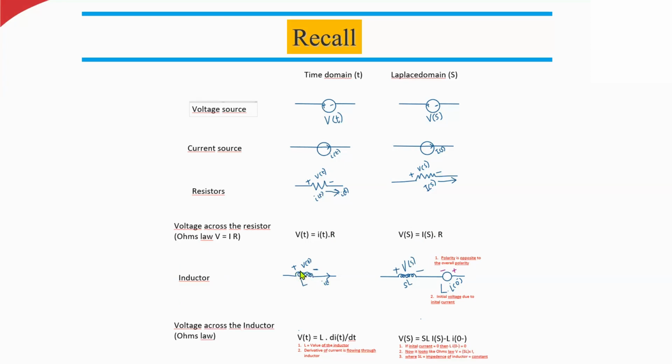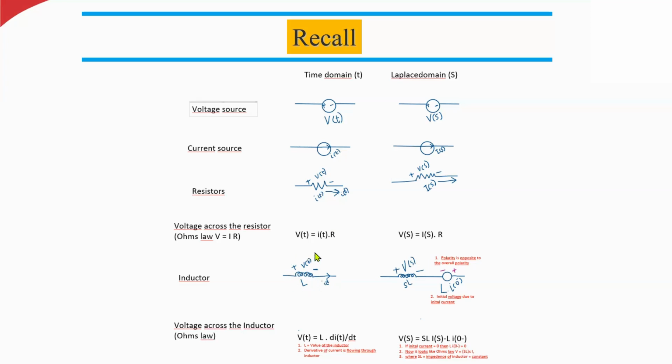Inductor, so you can write the inductor like this. The inductor polarity is also the same as the supply voltage, so plus minus. Here L is the value of the inductor, this small v of t is the voltage drop across this inductor, and the small i of t is the current flowing through this inductor.